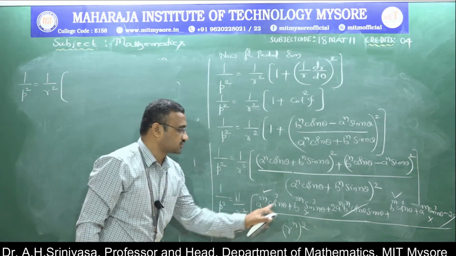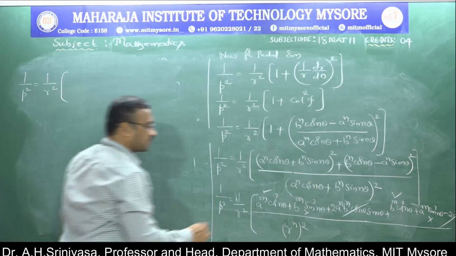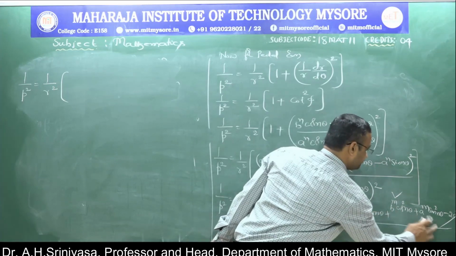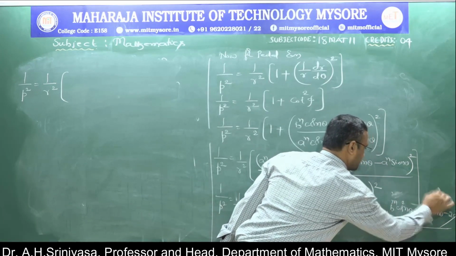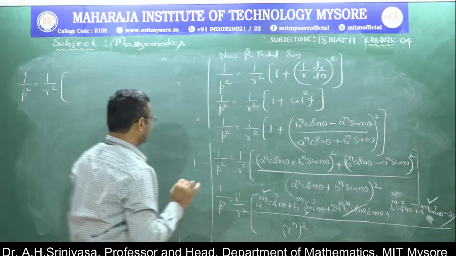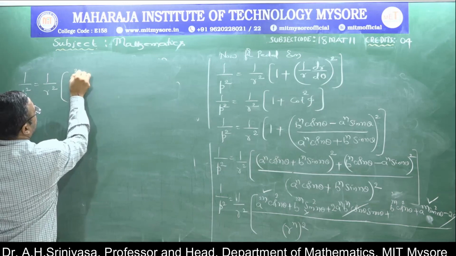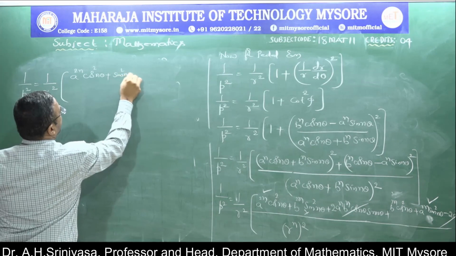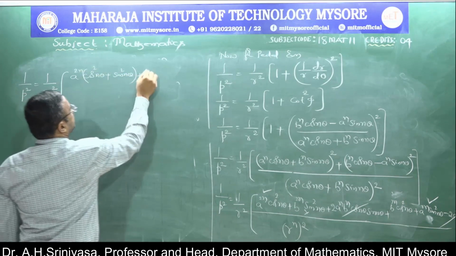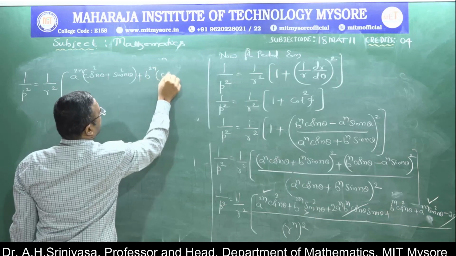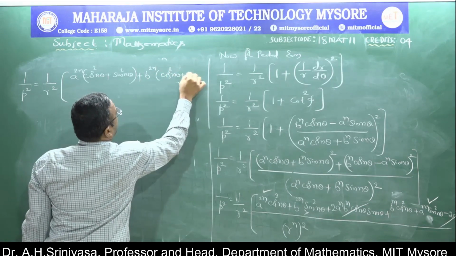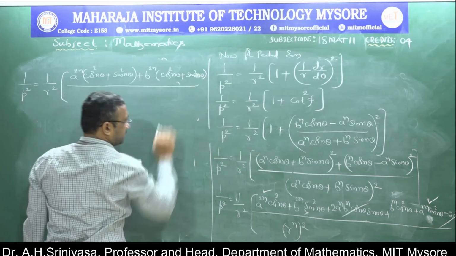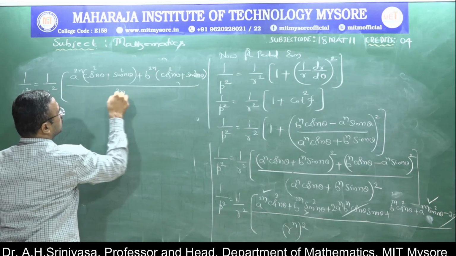Now take a common factor from these two. If you take a common factor of a power 2n from these two terms, we get cos square n theta plus sin square n theta. In the other, if you take b power 2n, again we get cos square n theta plus sin square n theta, then whole divided by r power 2n.